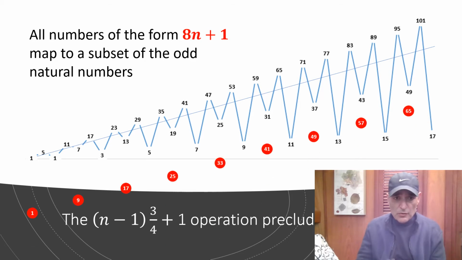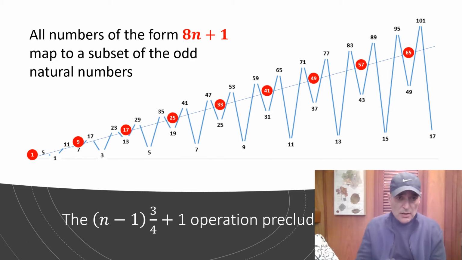This produces a whole number. Again, these numbers are 8 apart, beginning with 1. And the outputs are, as you see, input 9, output 7, input 17, output 13, input 25, output 19, input 33, output 25, and so on.